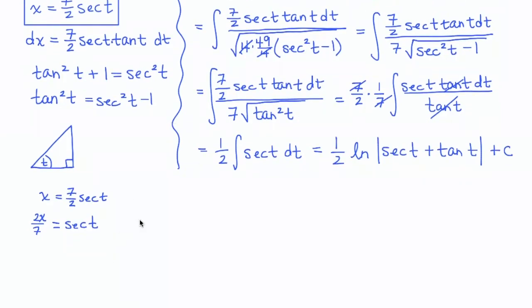Now, you have to remember what we said earlier about secant being a buddy of cosine, whereas cosine of t is adjacent over hypotenuse. Secant of t is hypotenuse over adjacent. So I'm going to label the hypotenuse 2x, the side adjacent to t as 7. Do my Pythagorean theorem to find the missing side.